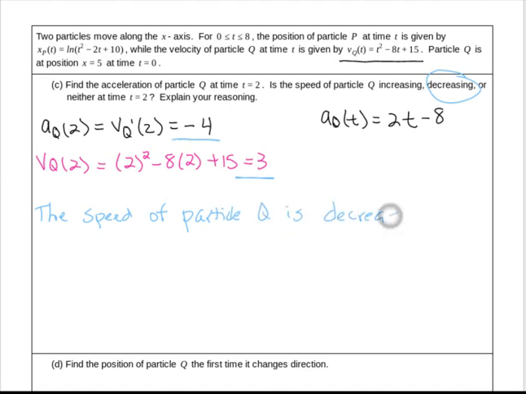Decreasing at t equals 2 because the acceleration at 2, which is the derivative of the velocity at 2, and the velocity at 2 are opposite signs.